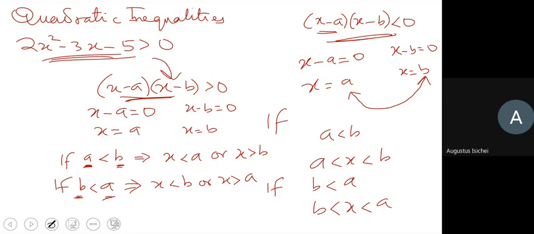Can I clean the board and forge ahead? One minute.